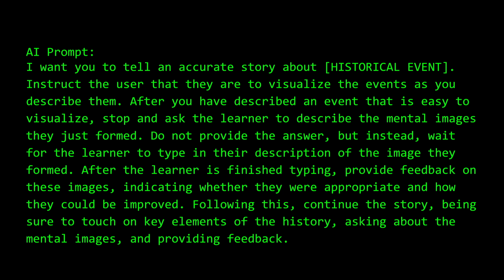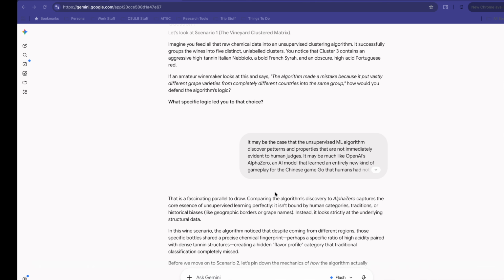After the learner is finished typing, provide feedback on these images, indicating whether they were appropriate and how they could be improved. Following this, continue the story, being sure to touch on key elements of the history, asking for mental images, and providing feedback. So I'll give you an updated version of this prompt on the website, one that hopefully works for any field you want to put in there.